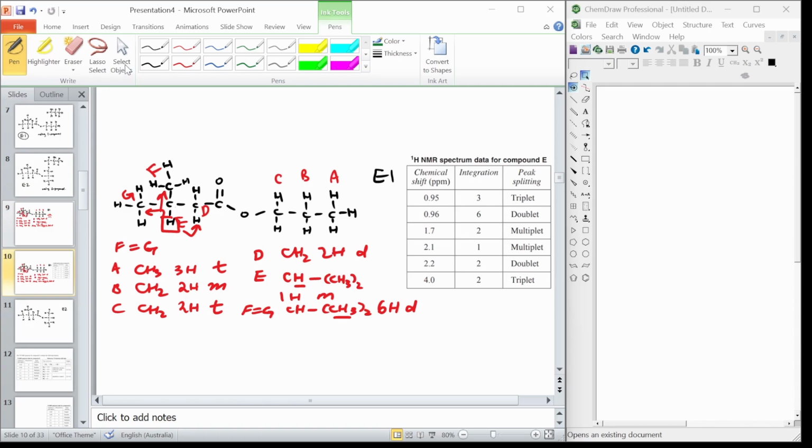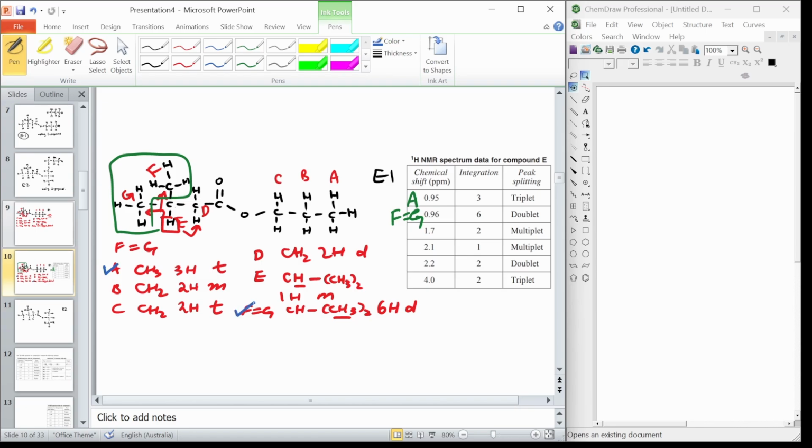So that is A. 0.966 integration doublet. So that is these two, F and G. So there's A and then F and G.